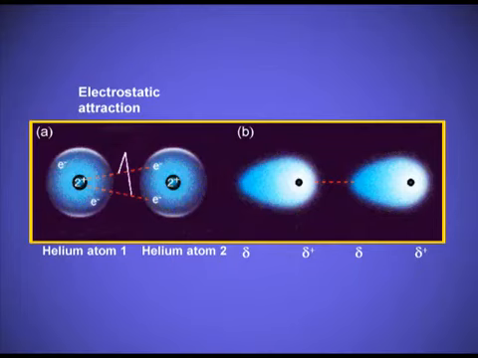It is shown by delta negative and delta positive. This induces a temporary dipole in the neighboring helium atom, and then the partial positive charge and the partial negative charge attract each other and it holds the atoms together. These are London forces.